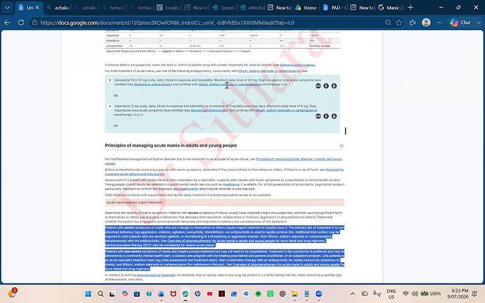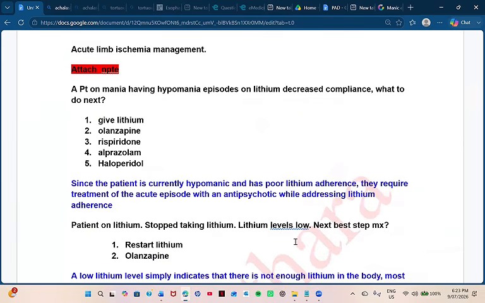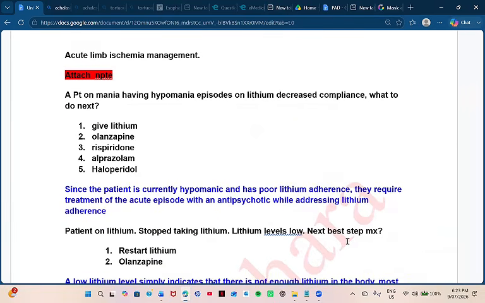Okay, so what about the second question? Patient on lithium stopped taking lithium. Lithium level was low. What is the next step? Restart lithium or olanzapine?